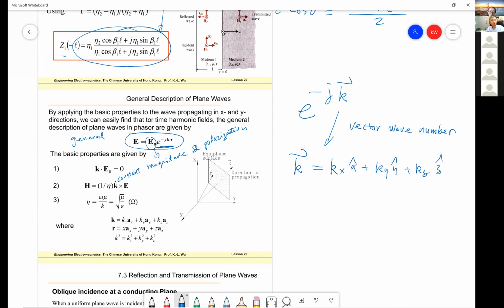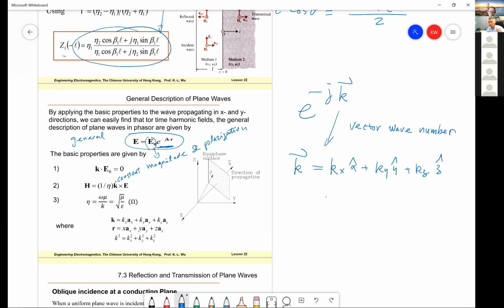That means the wave will propagate in any direction. I can decompose it like a speed, into three components: speed in the X direction, speed in the Y direction, speed in the Z direction, and the total is the wave impedance, right?